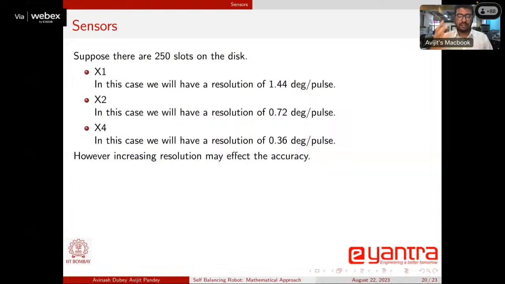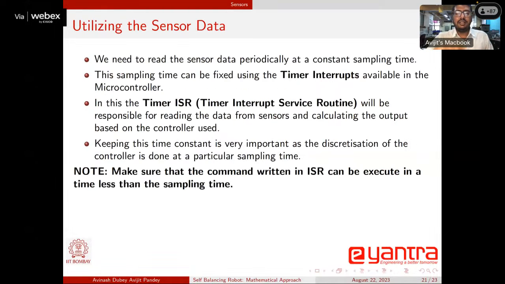And all of these measurements that we are doing, we are reading values from different sensors. All of this needs to occur at a fixed time period. That is called the sampling time, and the sampling time is implemented using the timer ISR. In a microcontroller, there is something called a timer. These timers are responsible for counting.